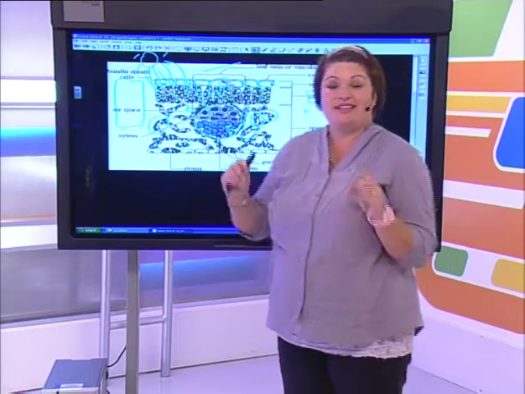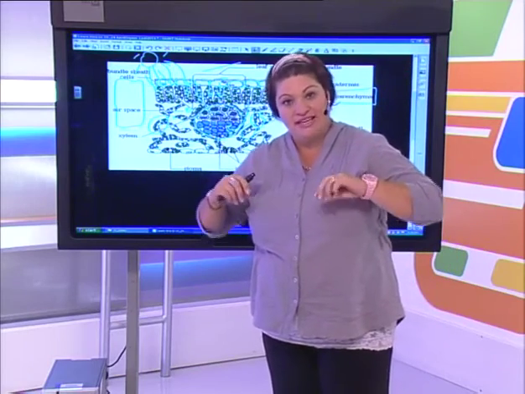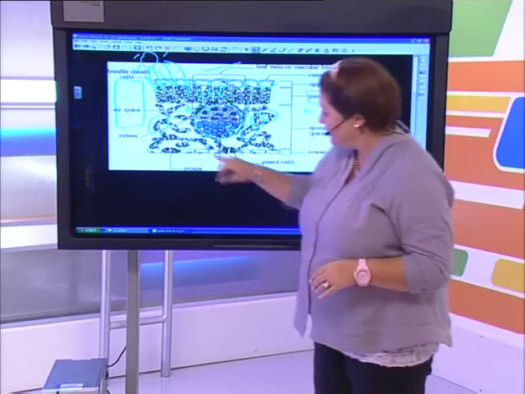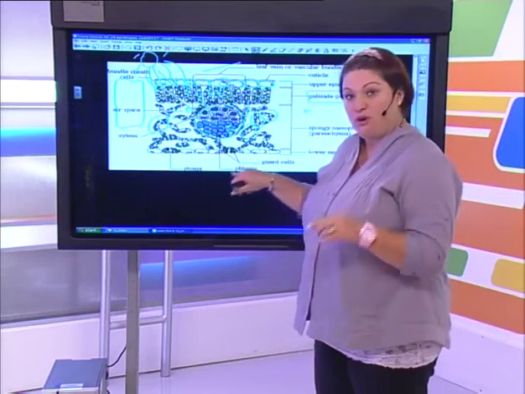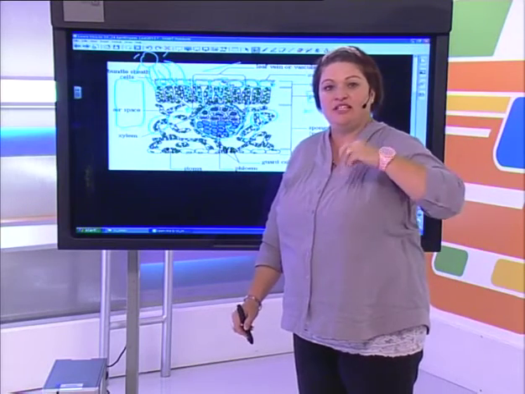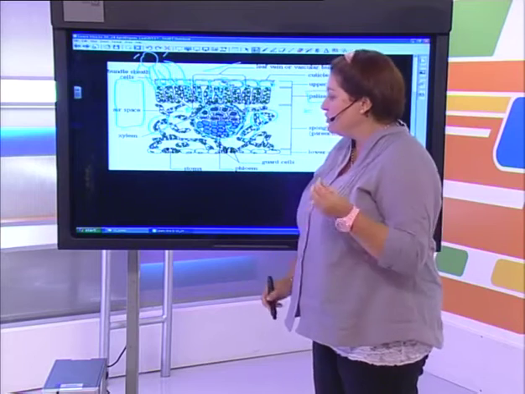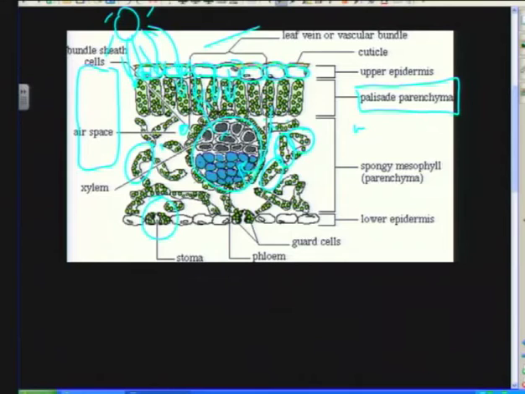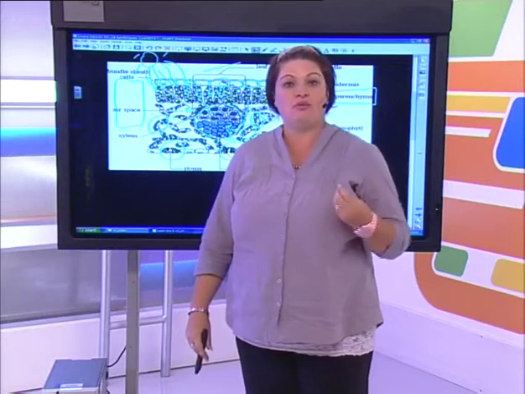Now let's look at the bottom of the leaf, the ventral side, the abaxial side. When I say bottom, I mean the lower surface, where you will see very specialized cells. We call them the stomata.